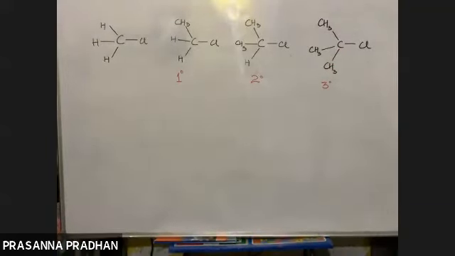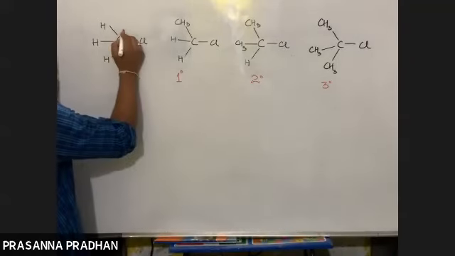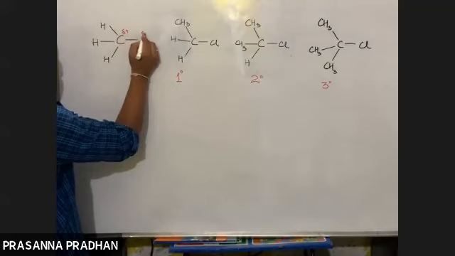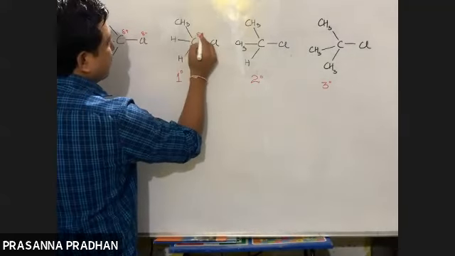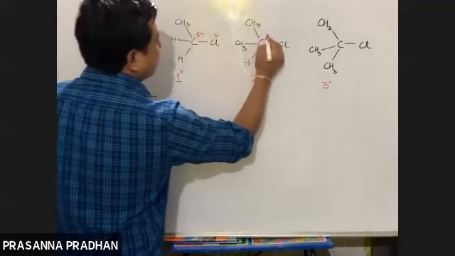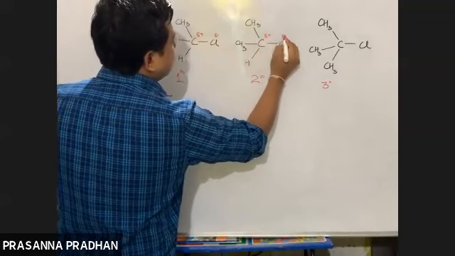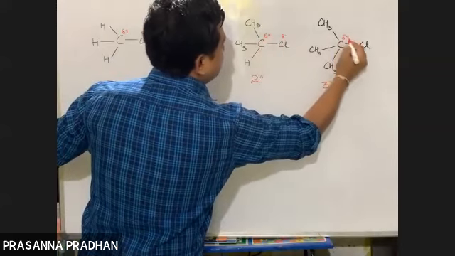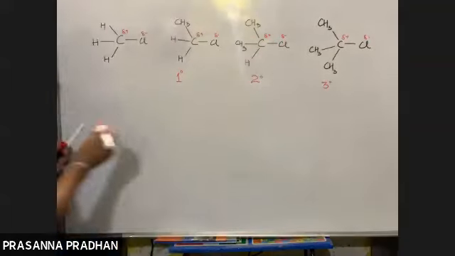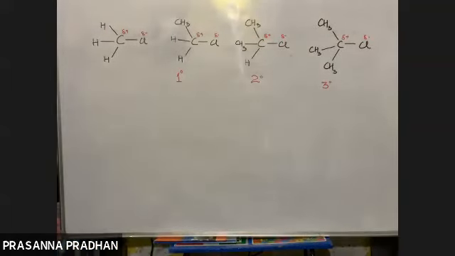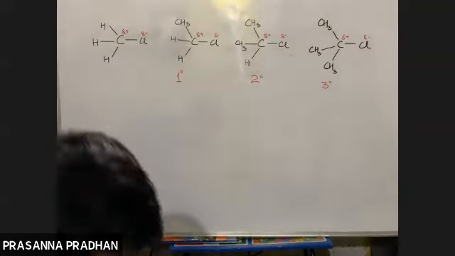Fine. Now listen very carefully. In all the cases, there is an electronegativity difference. The carbon is electron deficient here. Now, if this undergoes reaction through the SN2 mechanism, what will happen in the first step?